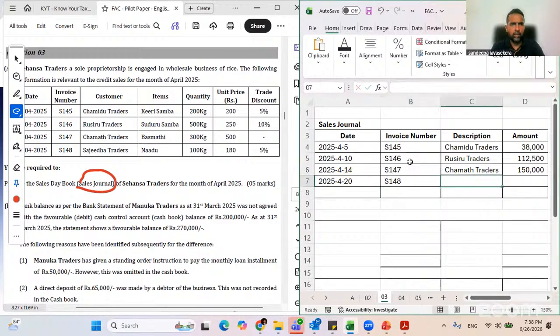S148, Sajida Traders, 100 kilograms into 180. After discount is 95%. So the total is 317,600.